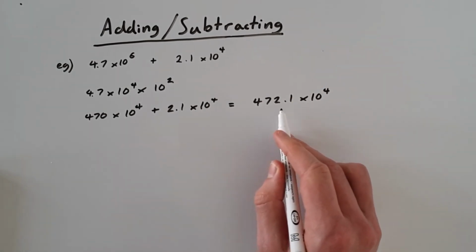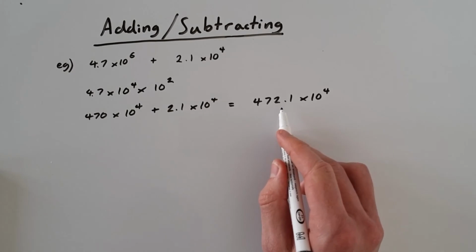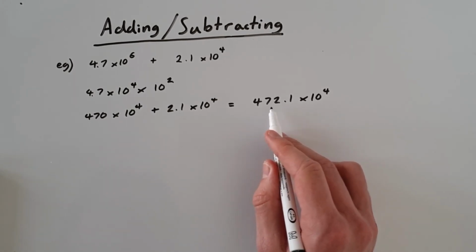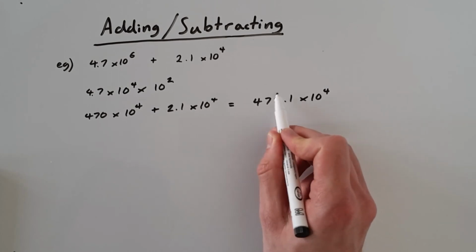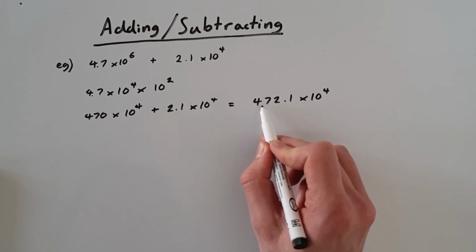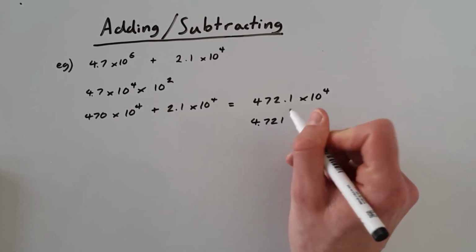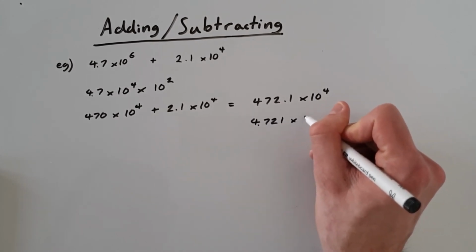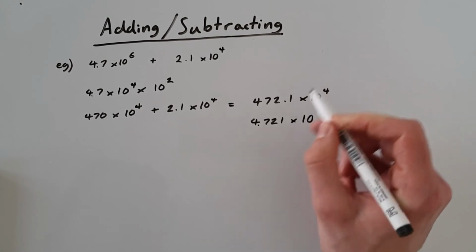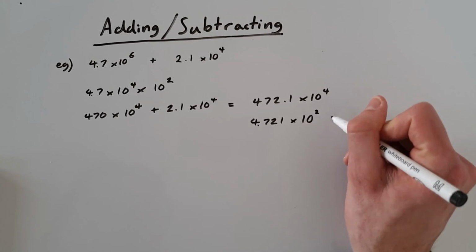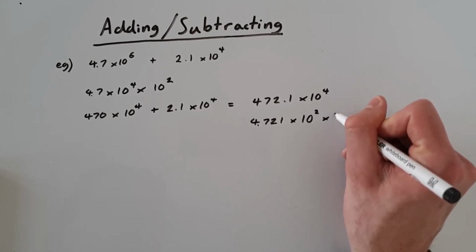Now we want to convert this back into a number in standard form. Remember, this needs to be between 1 and 10. So we need to move our decimal point back 2 spaces, so it becomes 4.721. We want to times this by 100 to get back to this point, so that would be times 10 to the 2.